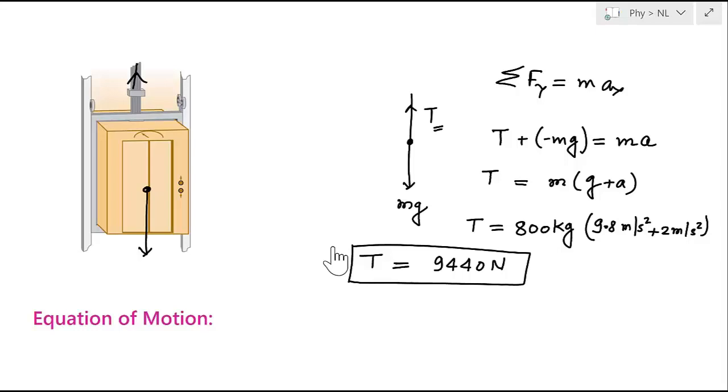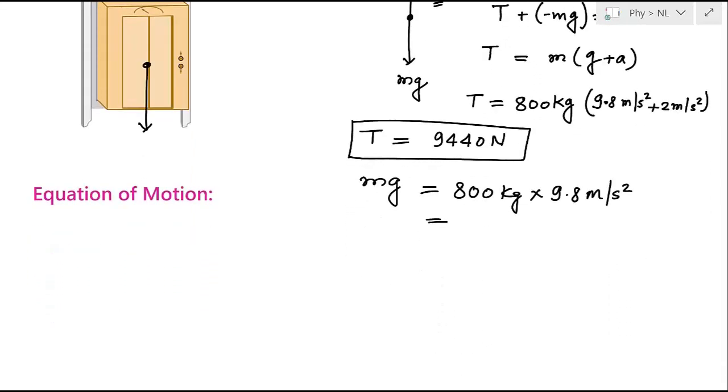Now if you calculate the value of mg, m is 800 kg and g is 9.8 meter per second square, so this will be 7840 Newton. This is the value of mg.